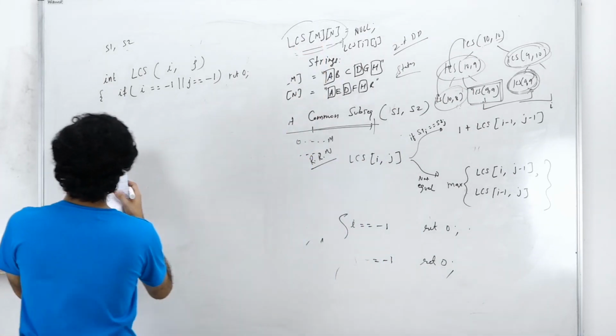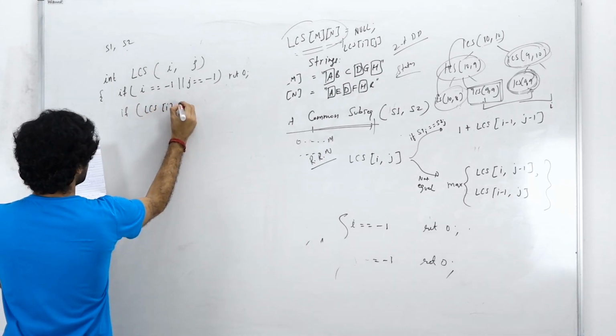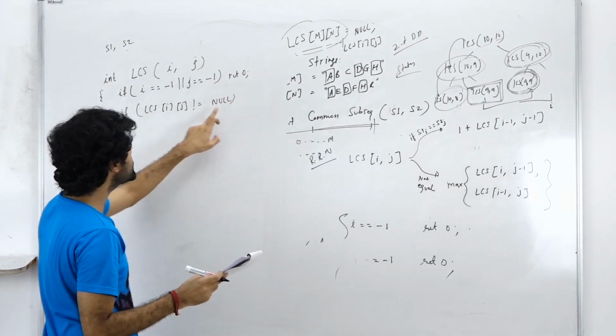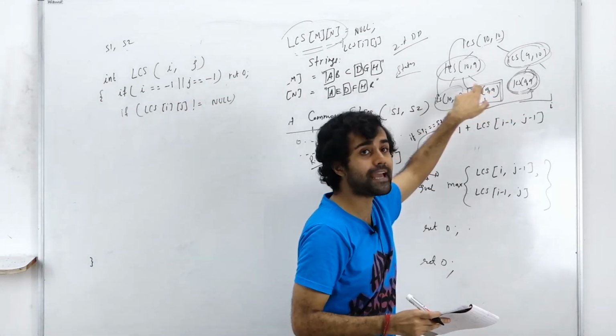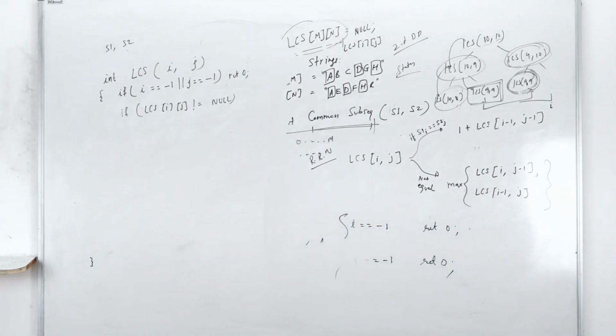So if I happen to see that LCS of i, j is not equal to null, can I say that I would definitely have seen this before and solved it? Yes or no? I can say that, right? In that case, what should I do?